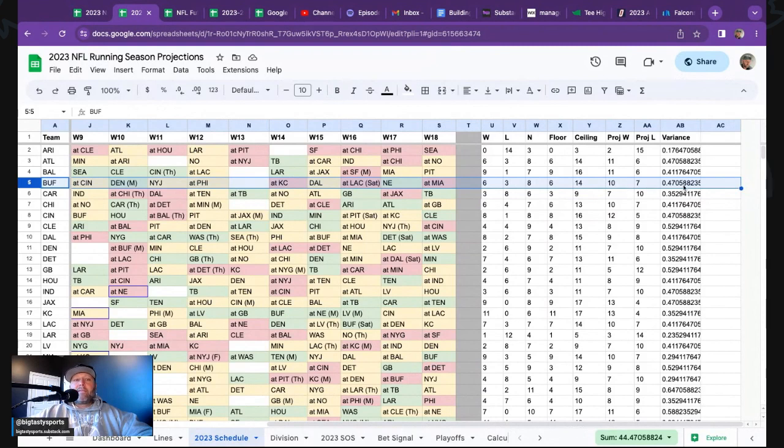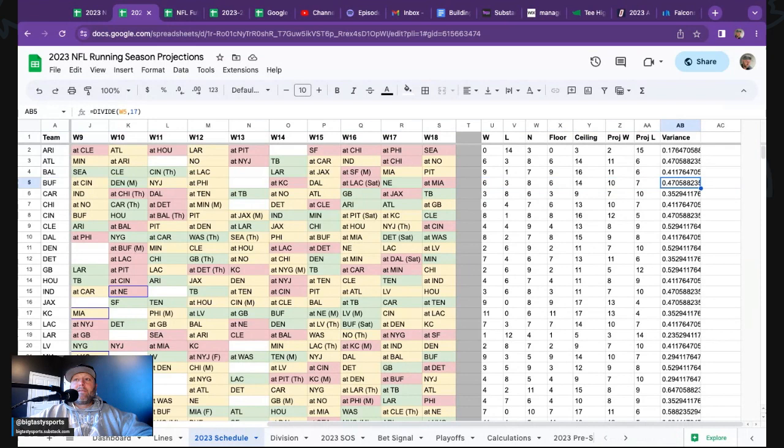And then this last column is not on the dashboard, but if you are in this overall sheet and wanted to look at it, the variance is just how wide the gap is, or really how many of those neutral games there are where it's more unsure. So the lower the variance, the more confident I would be in a projection.